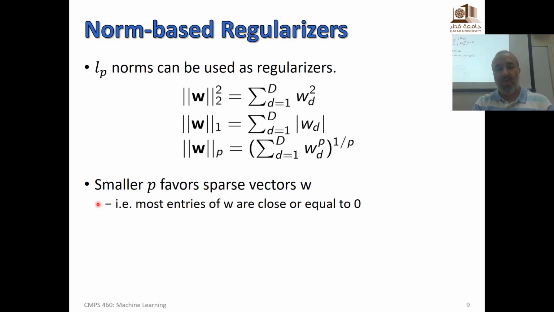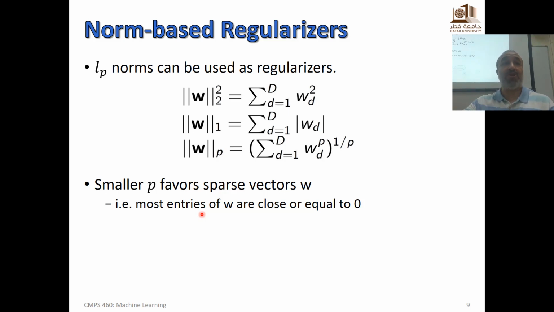So smaller P favors sparse vectors of weights. And I think now you understand, right? When P is decreased, we will get even sparser weights, because it will favor more small or even close to 0 weights. Is that clear? So if we have the choice, then we should use the smallest possible P, so that we can get most of the entries of W to be close or equal to 0.